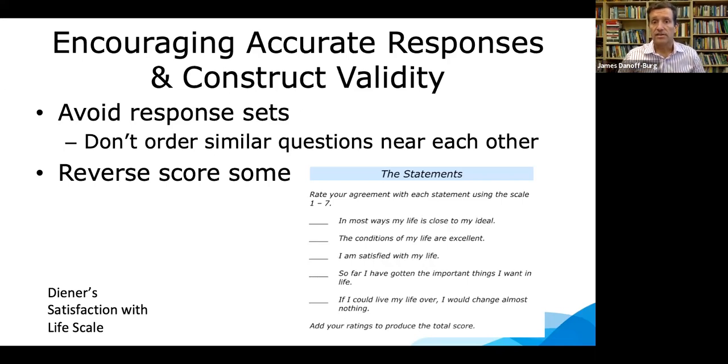Whereas notice, if we didn't reverse score those 2 items, people could just put 7s all the way down and not read them closely. If you reverse score some of your items in a response set like this, it forces people to read it closely. And that way, you'll get better data and more accurate data that really reflects their experience, right?